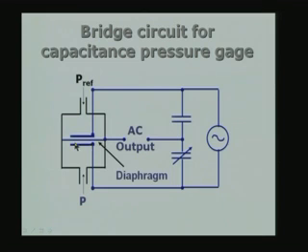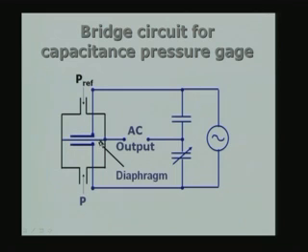One side of the cylinder is subjected to the reference pressure, which may be the atmospheric pressure, or it may be vacuum depending on the application. On the other side, I am going to apply the pressure which I want to measure. So, there is a pressure difference across this diaphragm.